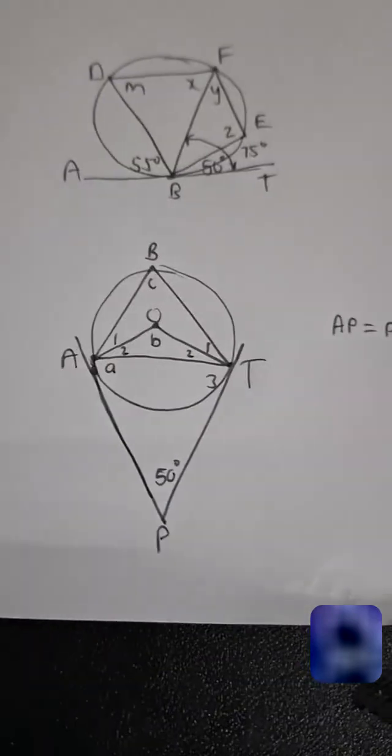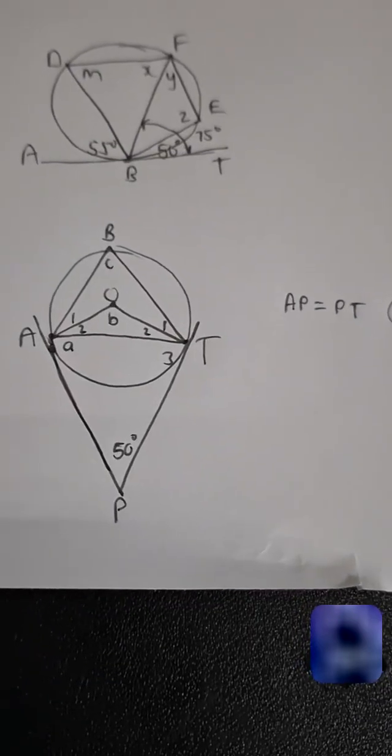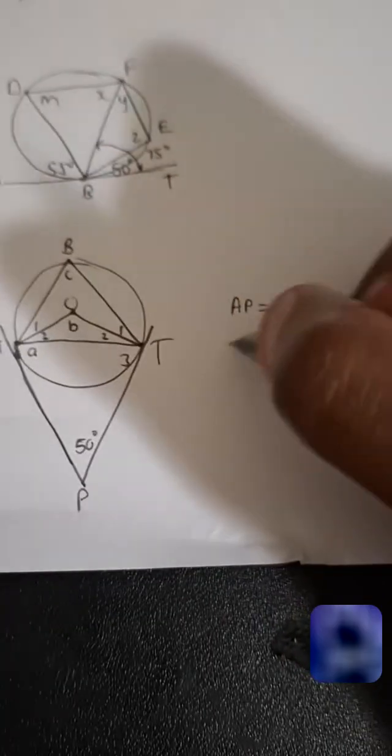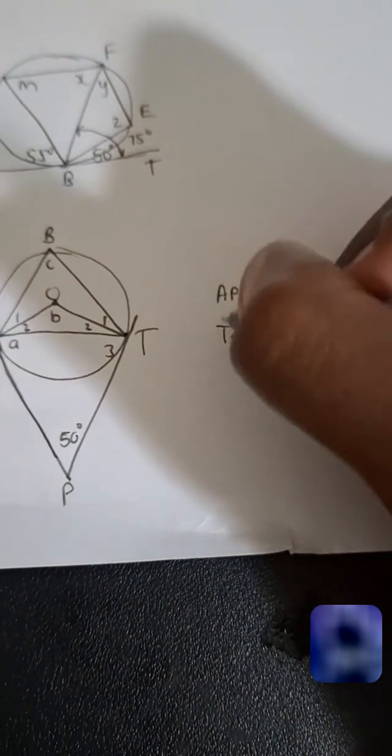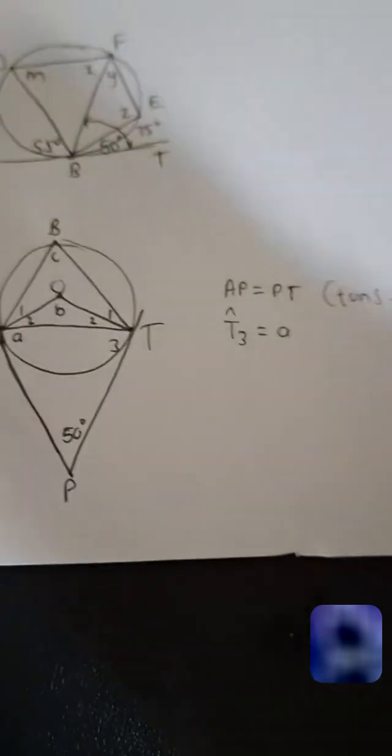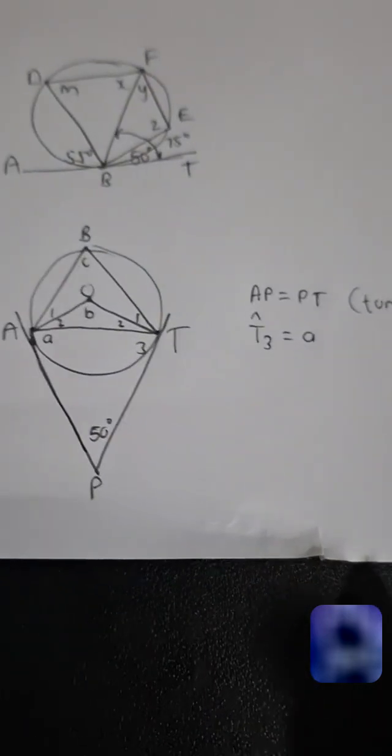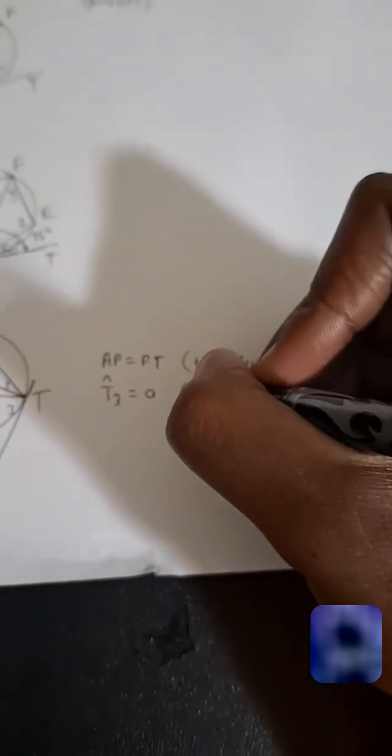Then, therefore, we can say that the angles are equal. So angle A, or T3, is going to be 180 minus 50 all divided by 2. Okay, so 65. T3 is equal to A. What's the reason for that?